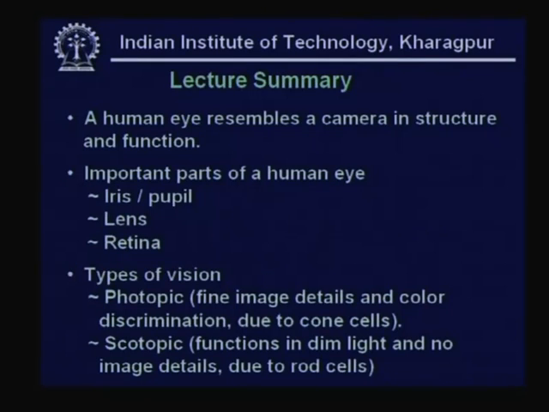The cone cells are densely packed there, and as you move away from the fovea, the cone cells are lesser and lesser in number. Therefore, in high illumination or when you need to observe fine details, the lens becomes convex and the focal point is placed right on the fovea.